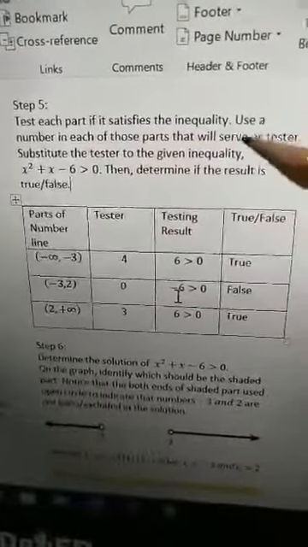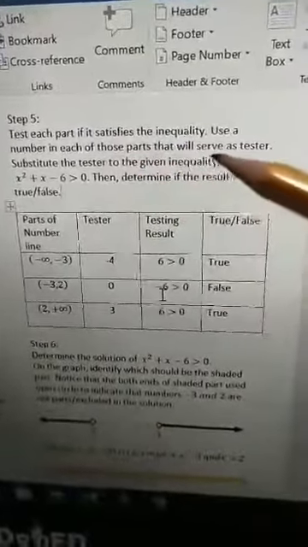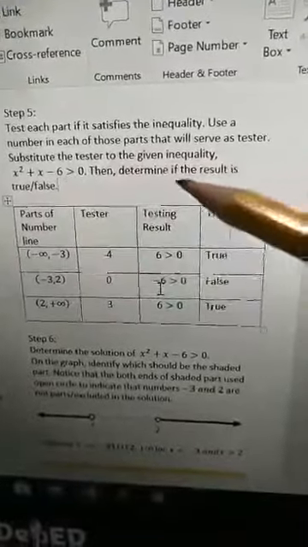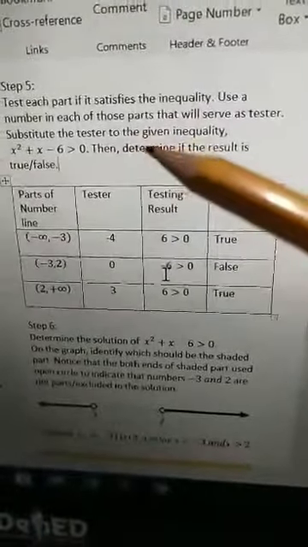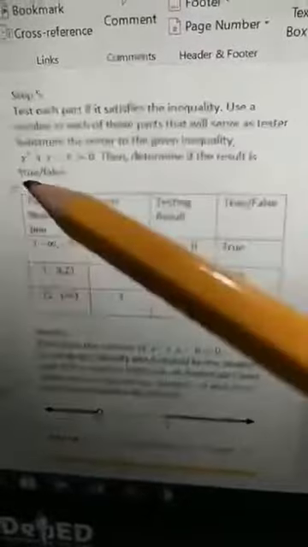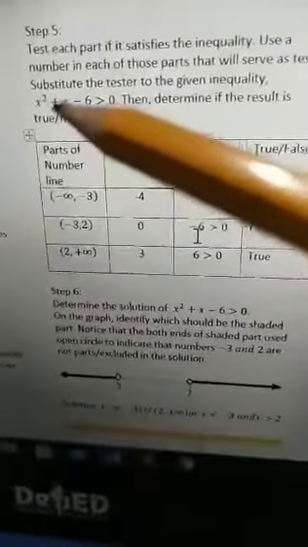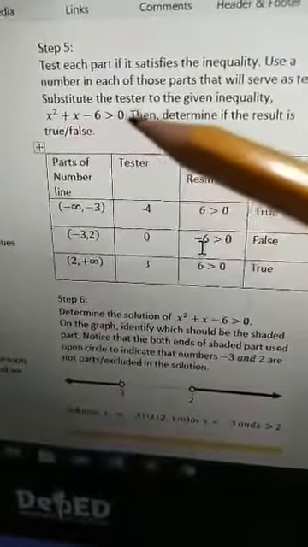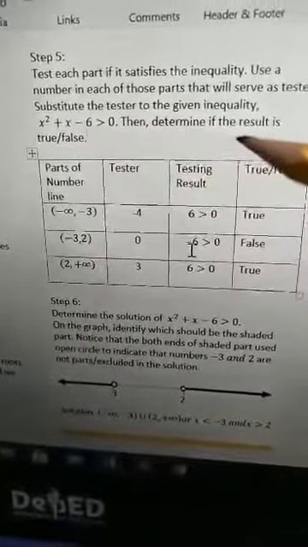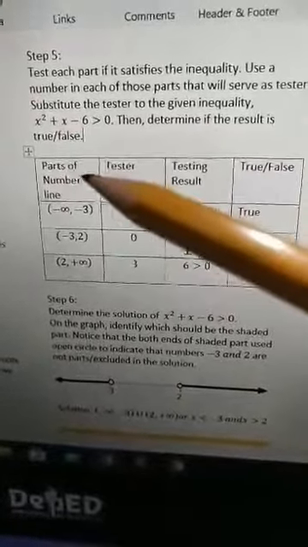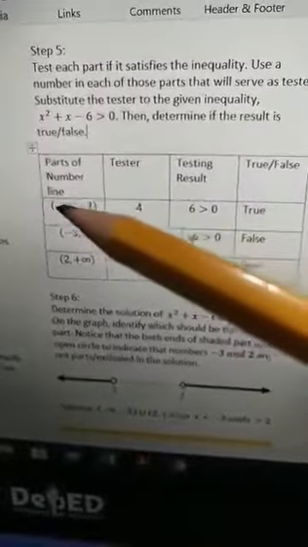Okay, step 5: test each part if it satisfies the inequality. Use a number in each of those parts that will serve as tester. Substitute the tester to the given inequality, x squared plus x minus 6 is greater than 0. Then determine if the result is true or false. These are the first part, second part, and third.